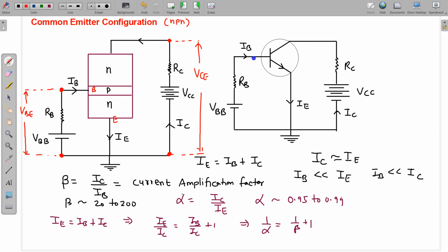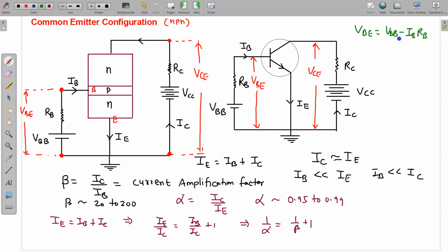Same thing we can show in this diagram also. This is VBE, base emitter, and the potential difference between these two can be written as VCE. If we want to write the value of VBE, I can write it as VBB minus the potential drop on this resistance, IB RB.